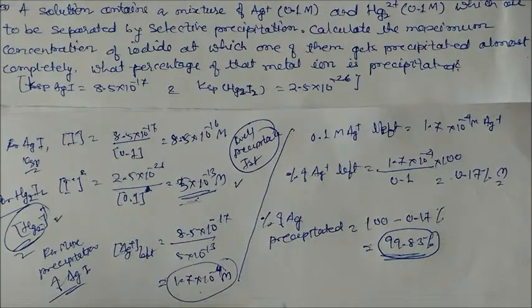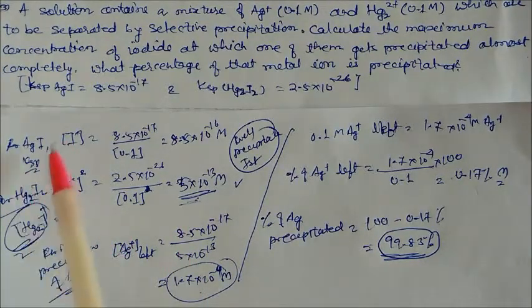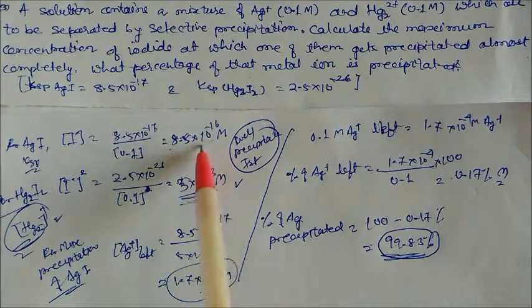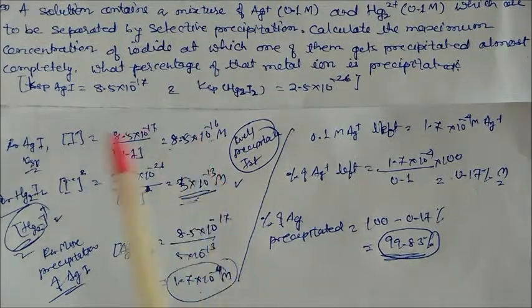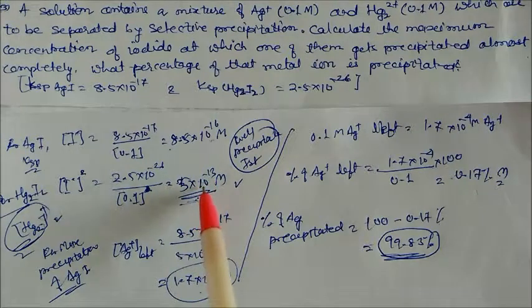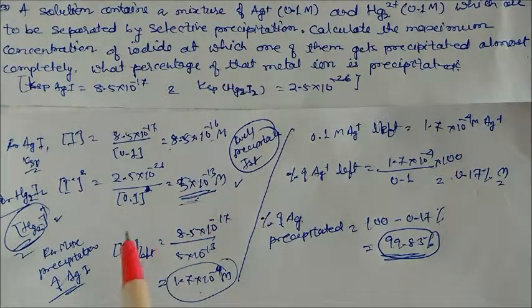Let me repeat how we solve it. First we find out, between AgI and Hg2I2, which will precipitate more. The lesser value will precipitate first. To get maximum precipitation of silver iodide, we have to take this much concentration. If you take this much concentration, that much silver is left in the solution, and the other silver is precipitated.